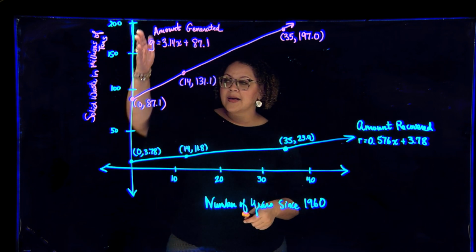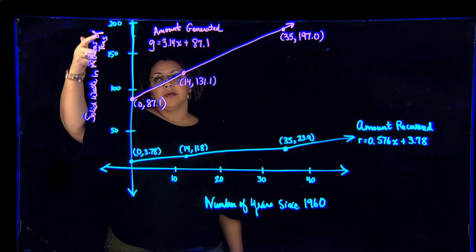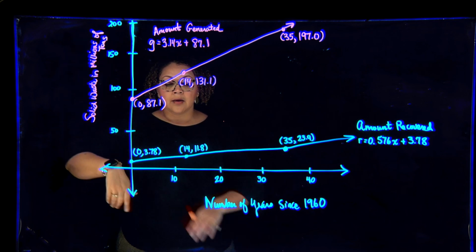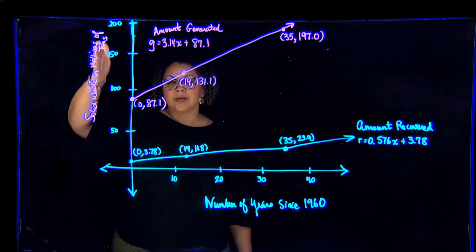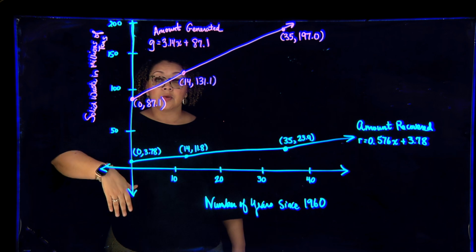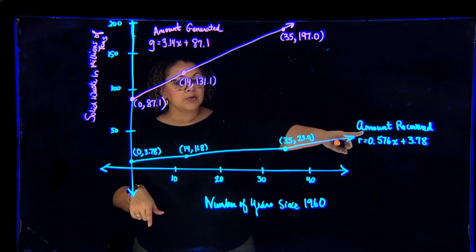On the y-axis, this represents the solid waste in millions of tons. So again, this is the year that it occurred, and this is how much waste occurred during that year. So let's interpret the green line again, which is the amount of waste recovered.